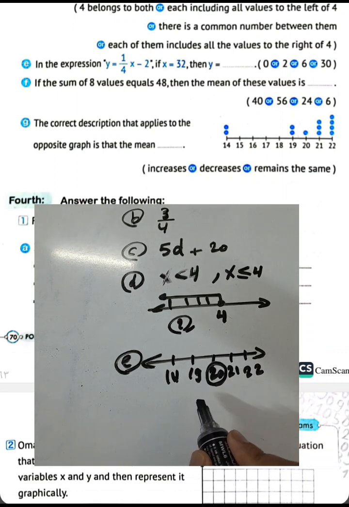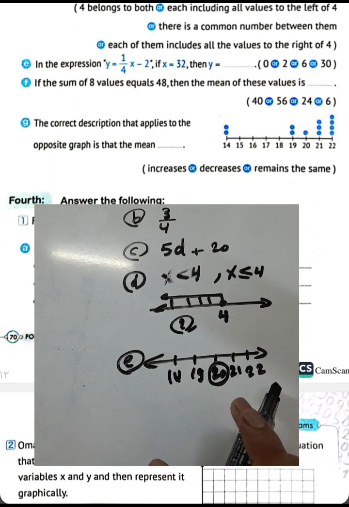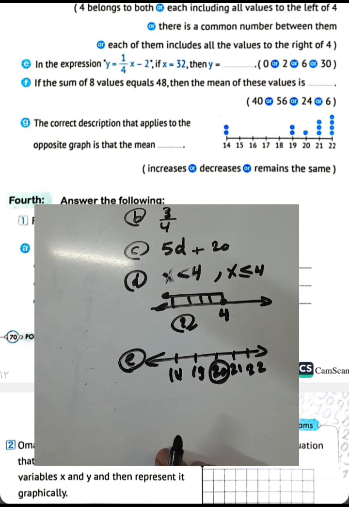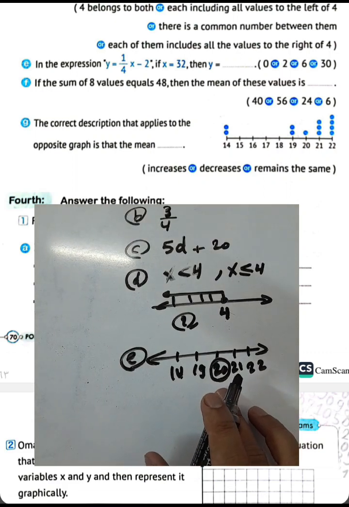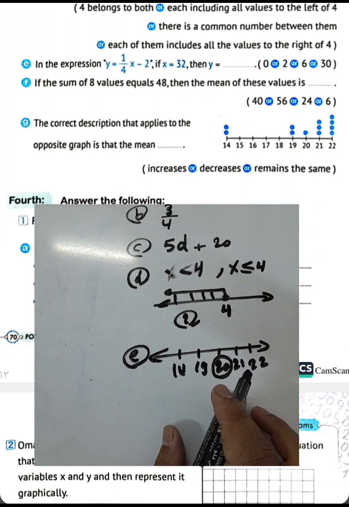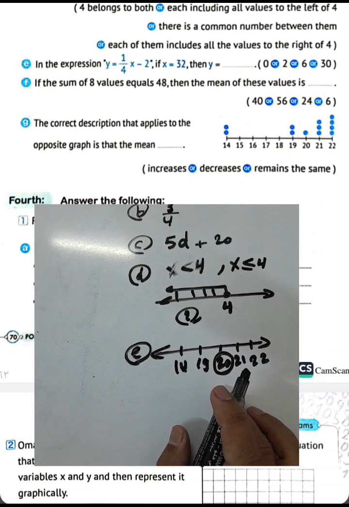Here 20 lies in the middle, it's a balance point. So we won't find the mean itself, we want to find whether the mean increased or decreased.